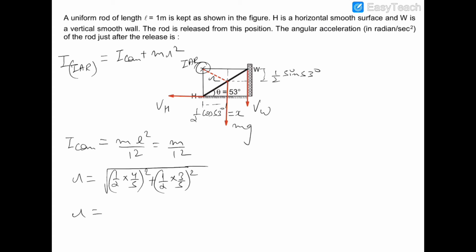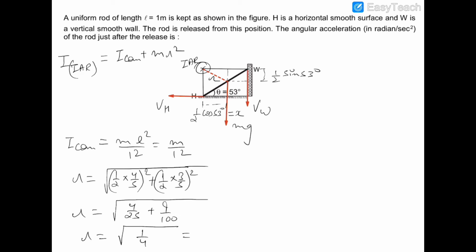So the value of r would be under root of 4 by 25 plus 9 by 100, which is 16 plus 9, that is 25 by 100, which is 1 by 4.